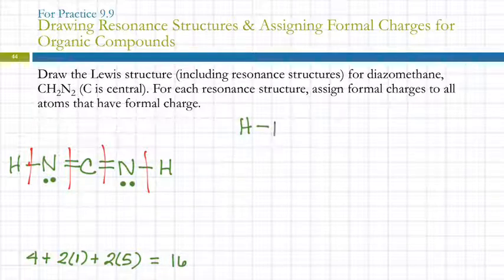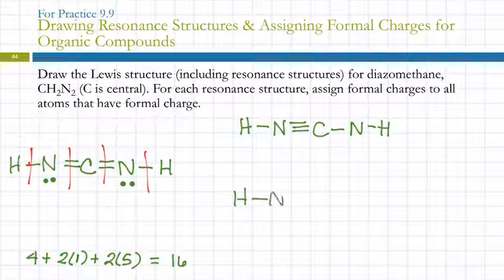So hydrogen, nitrogen, let's do a triple bond there and a single bond. Or we could put it on the other side. I'm just playing around with where the multiple bonds are.